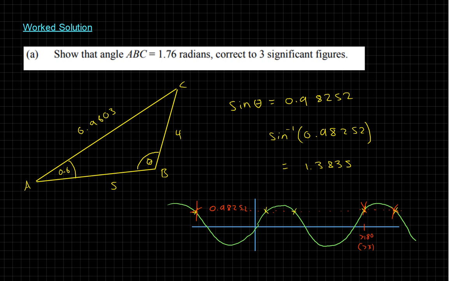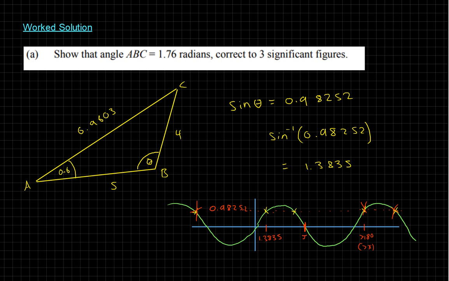But the x-coordinates of these two are both valid as angles of the triangle. And the thing is, the calculator is just going to give us the smallest positive one. So that's this one here. So the calculator is saying this one's 1.3835. Now remember, this point here on the graph, that's at 180 degrees.